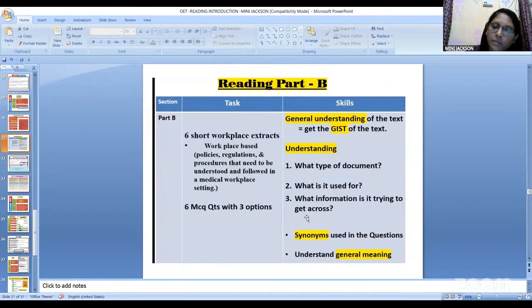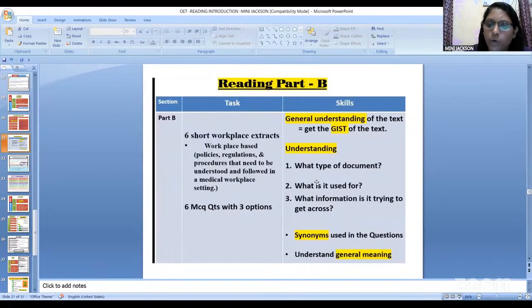Then notice the synonyms used in the question and understand the general meaning. Regarding synonyms, our father always says that we need to keep one separate book for synonym language, paraphrasing. Whenever you are practicing and you find any word and synonym, write it in your separate book and learn it. That will be useful for other materials also.